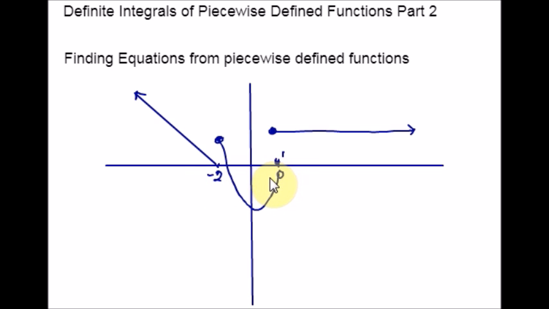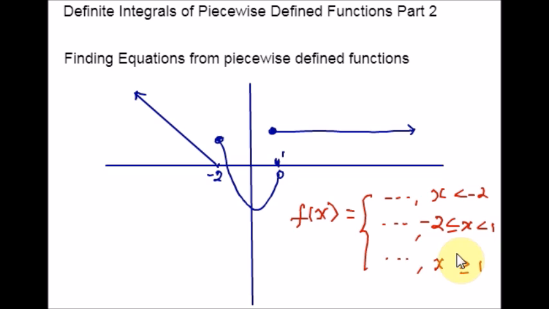So we know that our function will look something like this. Notice open and closed endpoints. So this is the limit. And now we can pick 2 points, (-2, 0) and (-3, 2) on the leftmost line to get the equation -2x minus 4. Am I right?